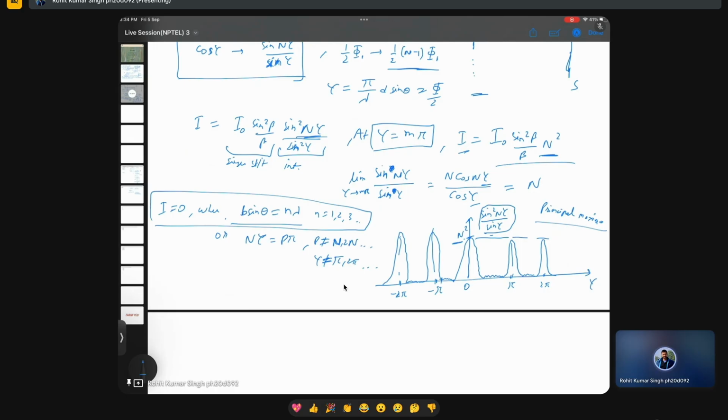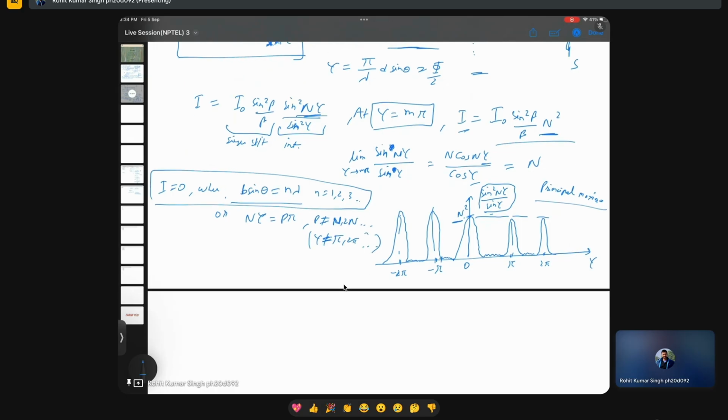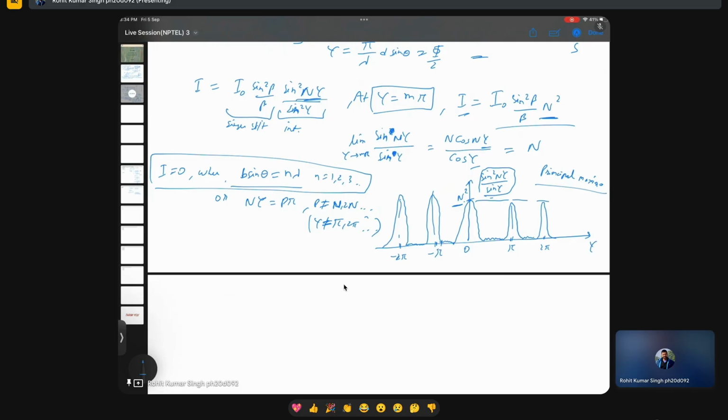So this should not be there. Is this fine? So these two are the conditions for minima.